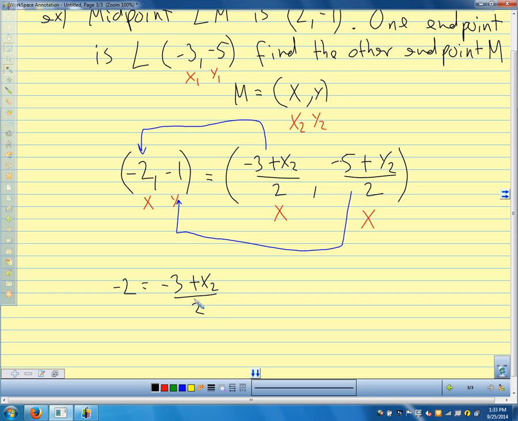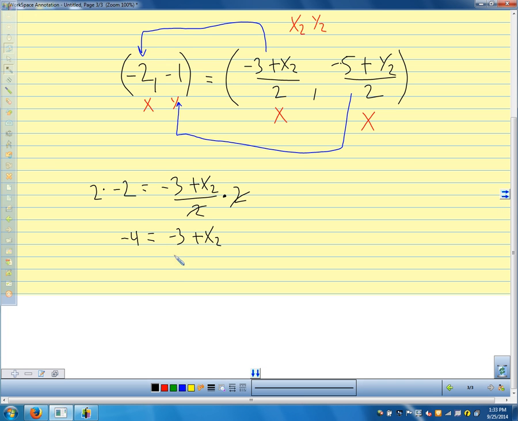I want to get x2 by itself. So how do I get rid of this 2? Multiply both sides by 2. These cancel out. 2 times 2 is 4 equals negative 3 plus x2. I add 3 to both sides, so I'm going to turn this around, so x2 equals 7.